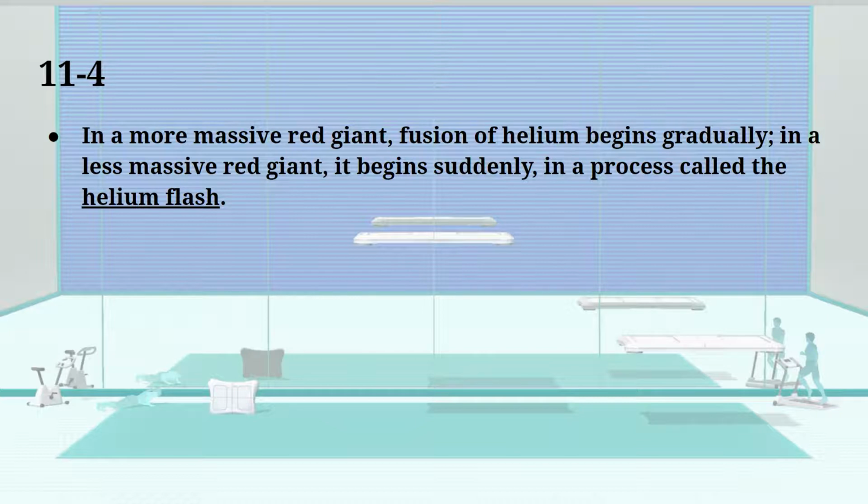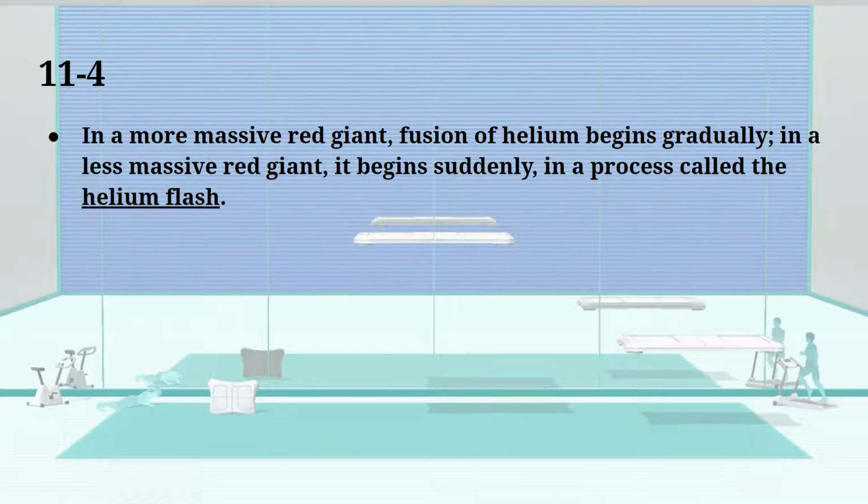In really big red giants, the fusion of helium kind of begins gradually. So just over time, the core kind of gets hot enough to start doing it, and then it's like this slow, gradual process to where the helium gets to start fusing and the hydrogen fusing at the same time.